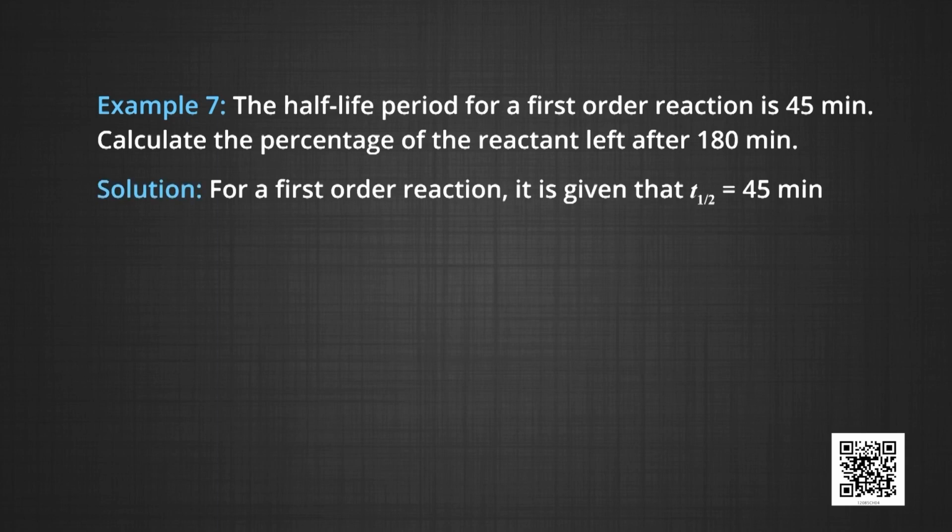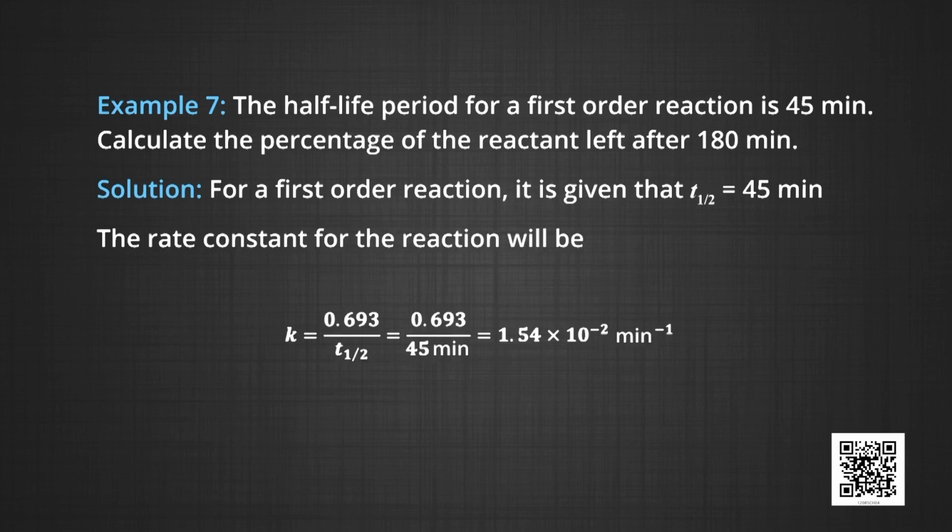Solving it, for a first order reaction it is given that T half is equals to 45 minutes. The rate constant for the reaction will be K is equals to 0.693 divided by T half. It is equals to 0.693 divided by 45 minutes. It is equals to 1.54 into 10 raised to power minus 2 per minute.